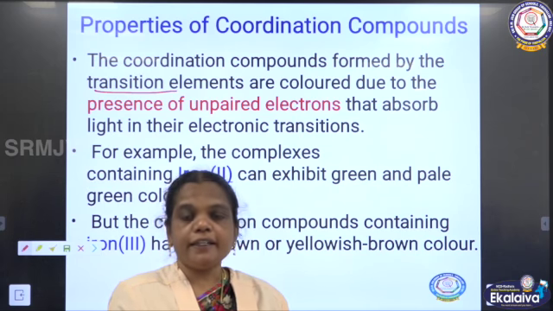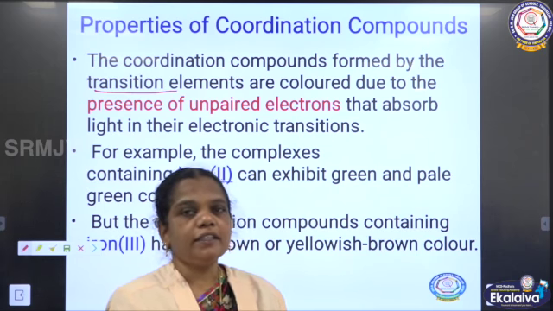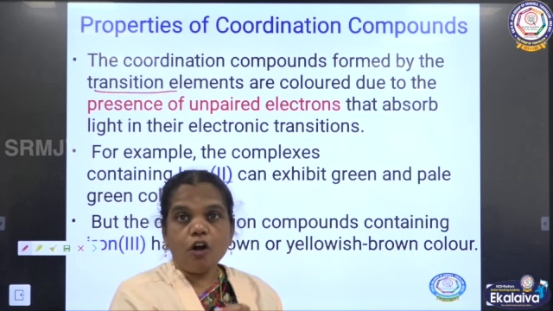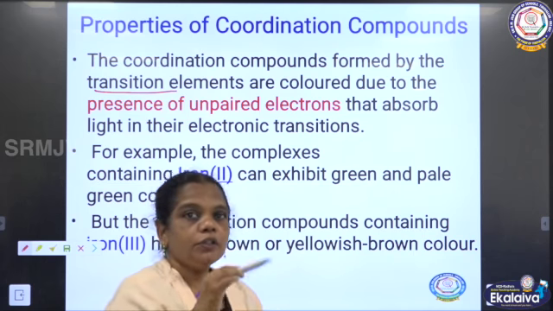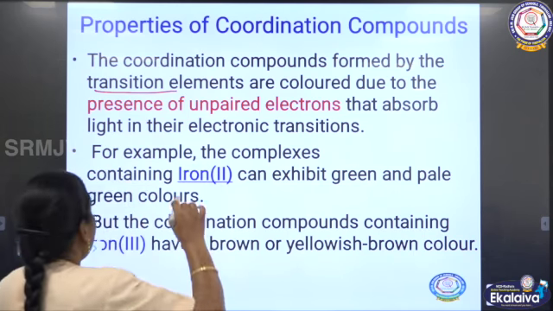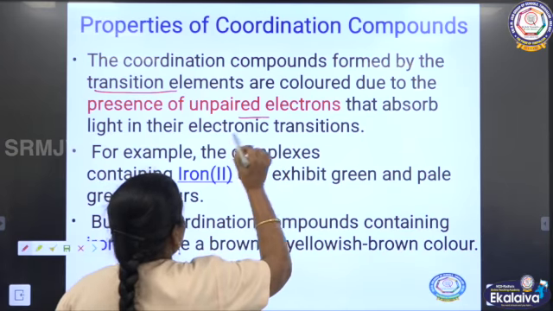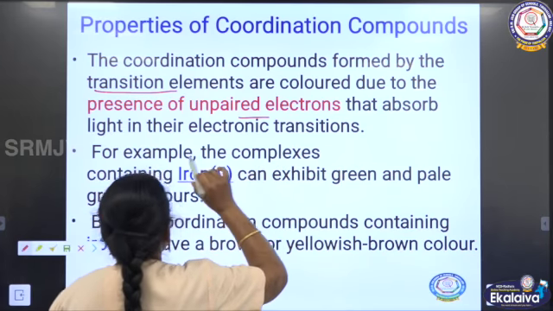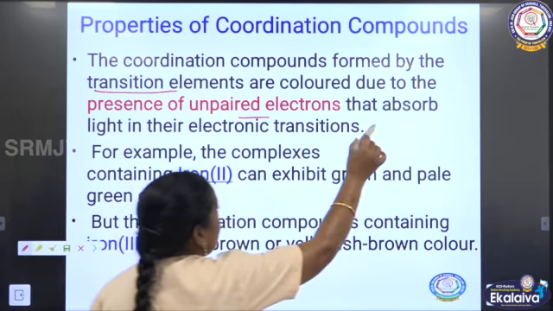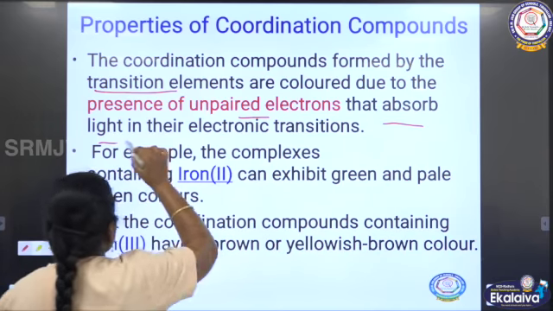It can conduct electricity as well as heat energy, and in the complex compound, due to the presence of unpaired electrons, they can be colored. Understand? Due to the absorption of light during the transition state.